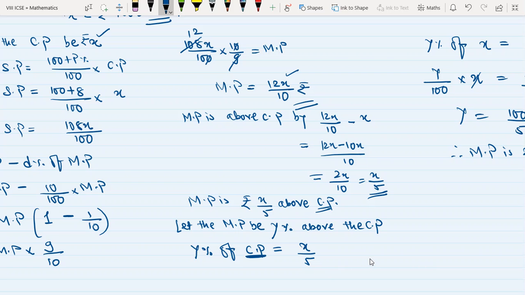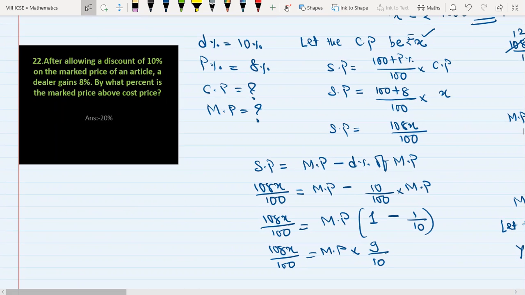Of course cost price. So y percent of that lesser thing, which is cost price, will be the amount by which mark price is higher than the cost price. Then you will get the correct answer. The same goes for the questions on wheat and rice and umbrella and raincoat, which you have done in percentage. So this is on the same line. We got the correct answer.